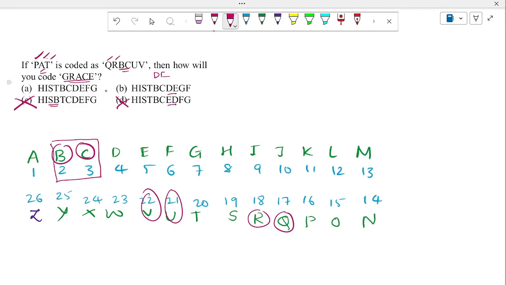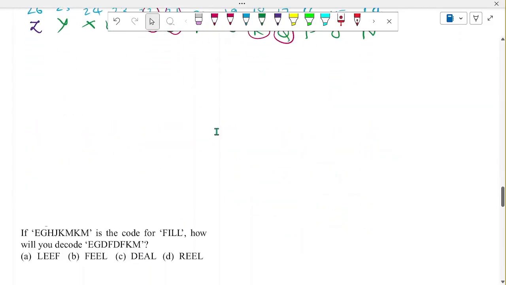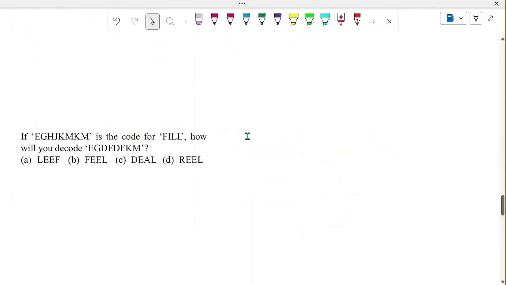And in this both, this last one is different. So E, F, and G. So option A is correct. This is eliminated. So option A was correct. Okay, good. Now the next question.